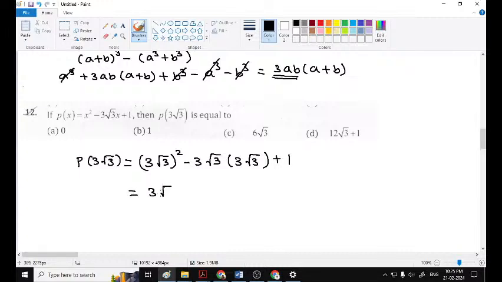This is (3 root 3) square, and this is also (3 root 3) square, plus 1. These are exactly the same terms, but this is subtraction. Subtraction will be 0 and the answer will be 1.